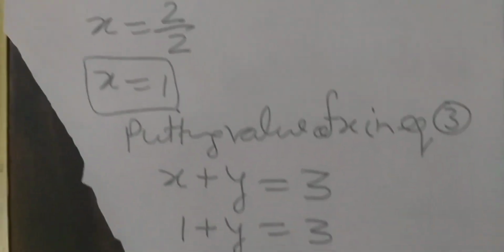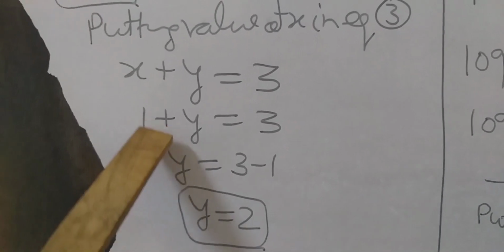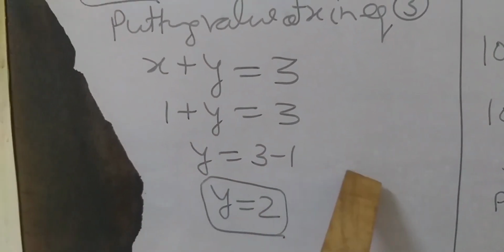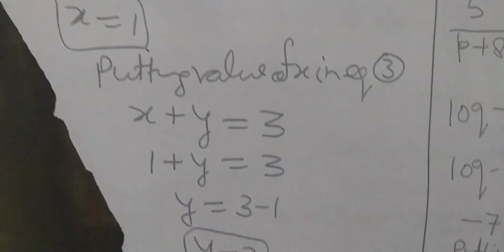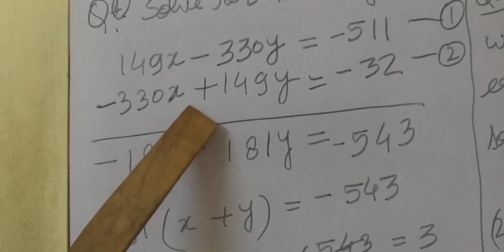I am going to put the value of x in 3, x plus y equals 3. So the value of x is 1, 1 plus y equals 3, y equals 3 minus 1, y equals 2. The x value is 1, the y value is 2, students. So this is our answer. If you want to check your answer, you can put the values of x and y in any equation. This is up to you.